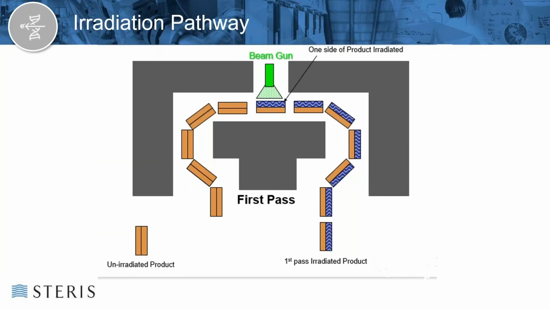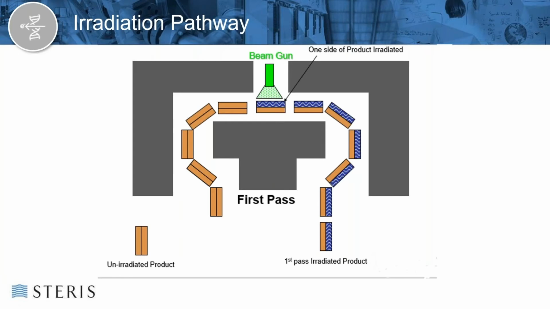So visually what that looks like here, you can see in this diagram, our product is getting irradiated on the one side. It's providing us with that pattern that we're seeing on the boxes. This is the sort of visual diagram you'd see on our control systems so that we understand in real time what loads, what carriers of product have seen single sides versus double sides.